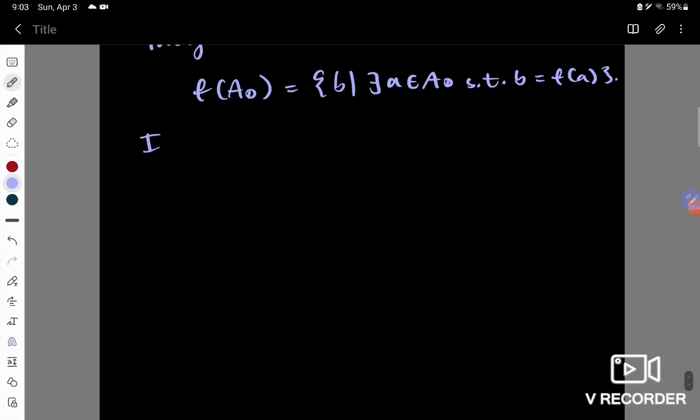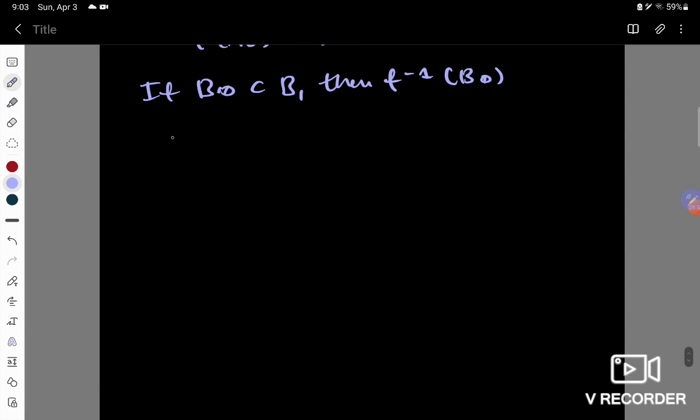Then there's a counterpart definition. If B naught is a subset of B, then f inverse of B naught is the inverse image of B naught under f.